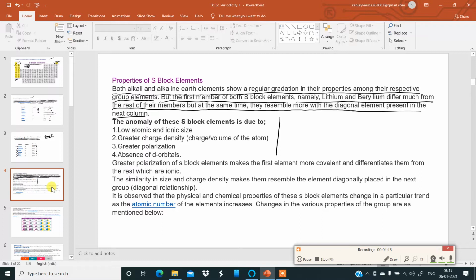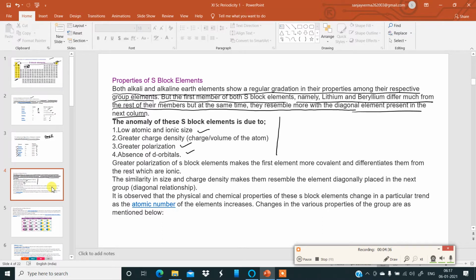the anomaly of this S block element is due to, there is some anomaly, abnormal behavior, characteristics, properties. The S block elements have low atomic and ionic size, greater charge density, greater polarization, absence of d orbitals.